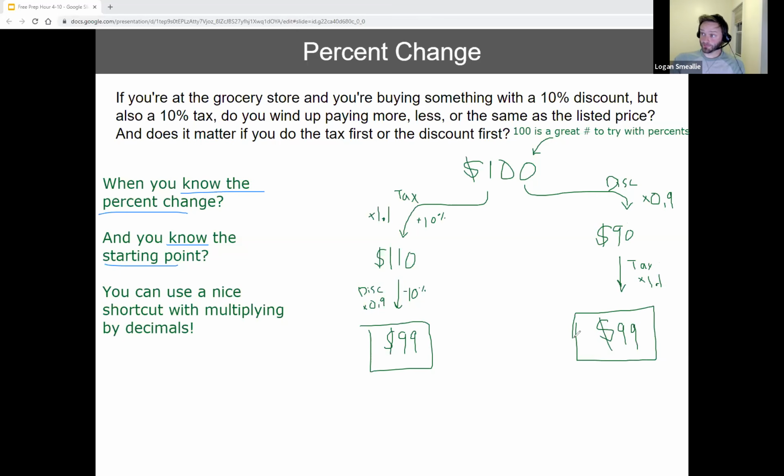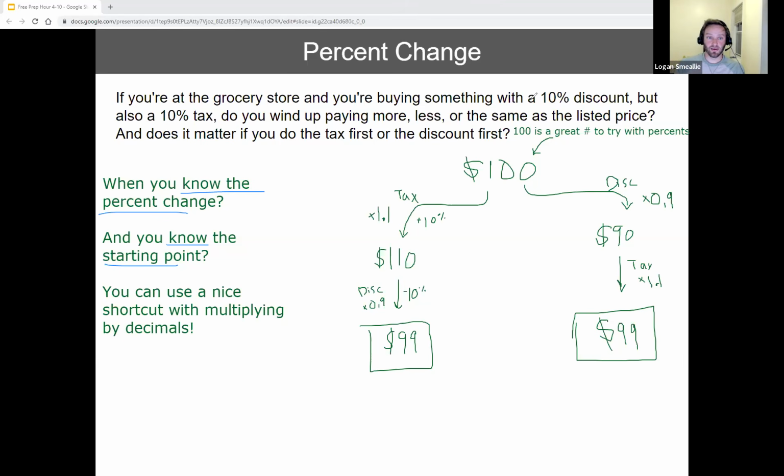So interestingly, it didn't matter what order I went. So the fact that you went from 100 to 99, that's not super important. Whether you went up or down would depend a little bit on what exact percentages you had. But if you're applying any discount and any tax in this way, it actually doesn't matter what order you wind up going.